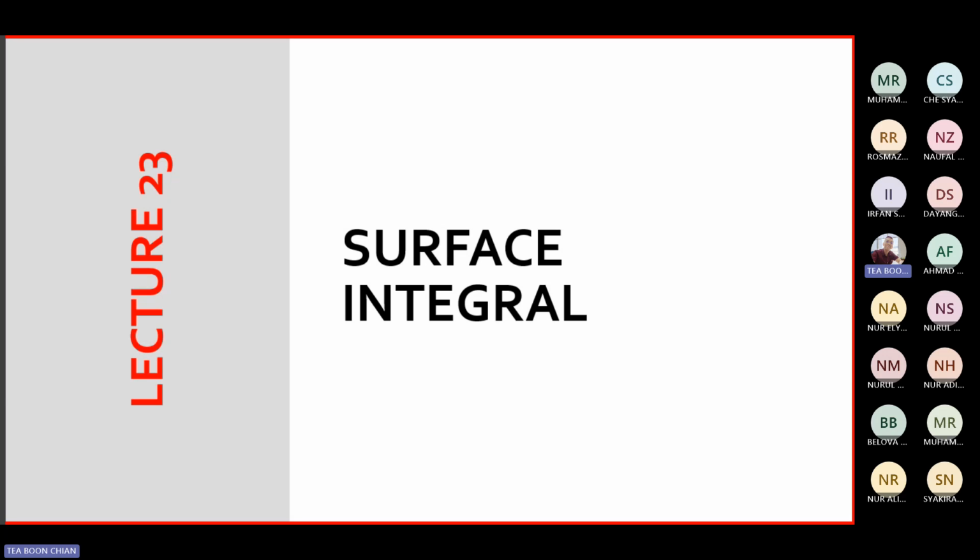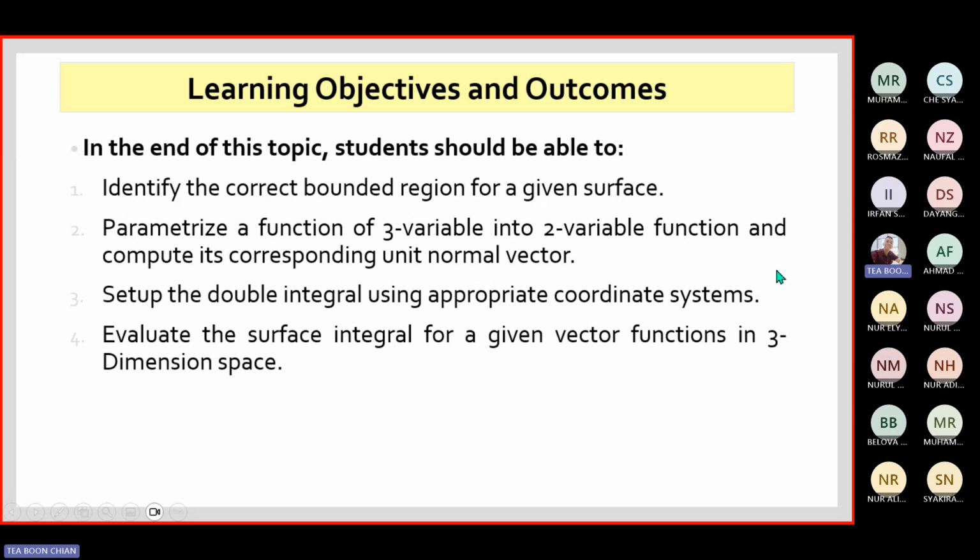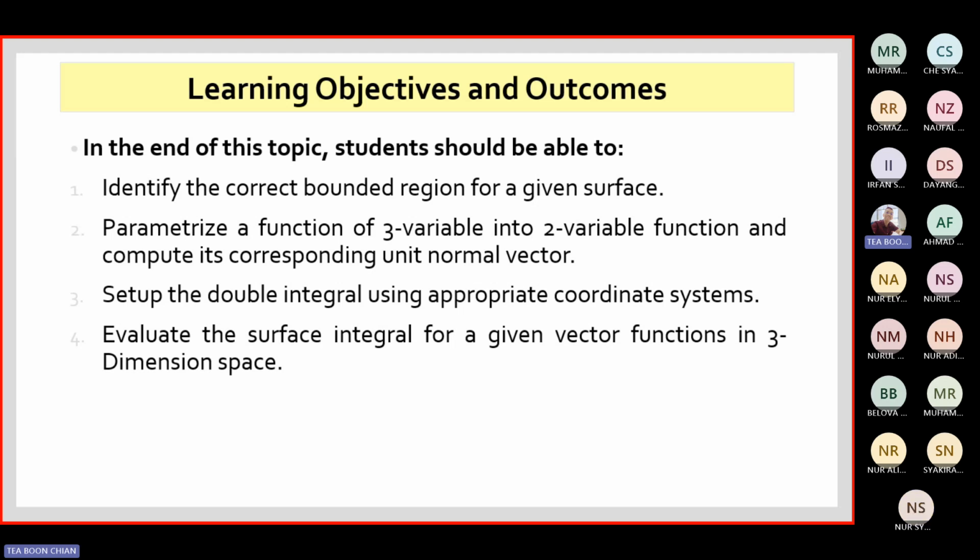We actually started this lecture 23 yesterday by introducing how the surface integral, or the flux, can be computed on the three-dimensional vector. In doing so, we first need to convert the three-variable function into a two-variable function, and next compute the corresponding normal vector n.